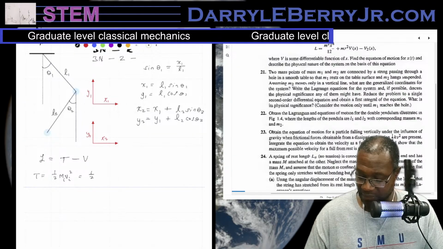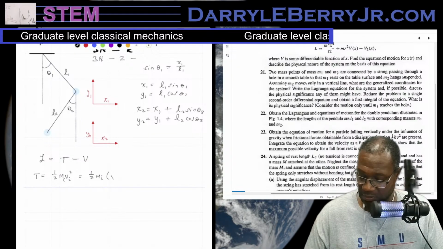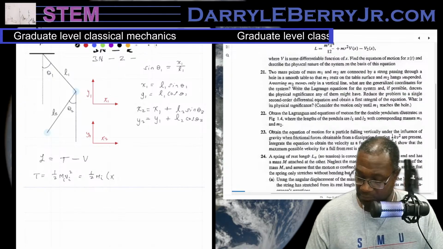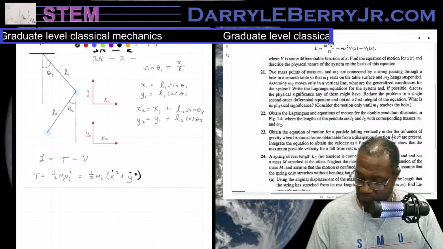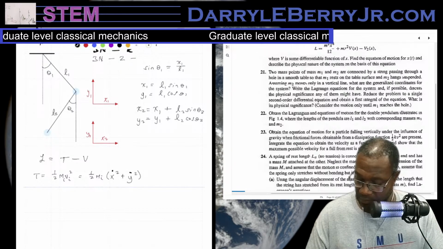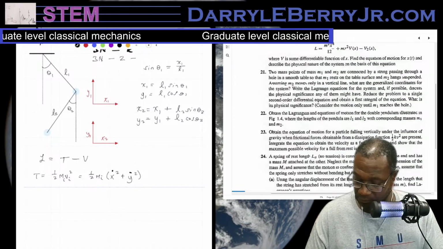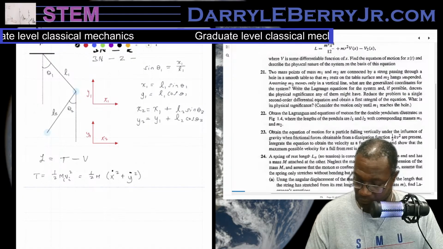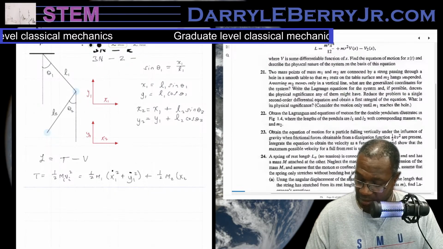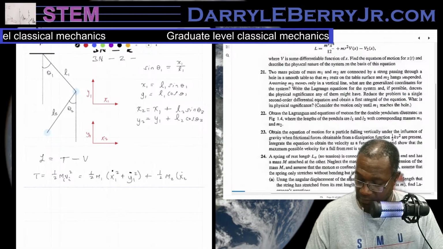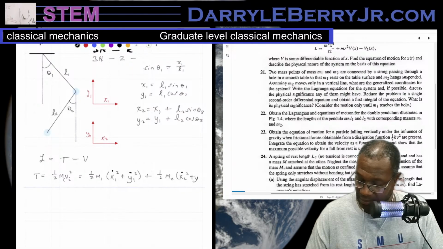So it's going to be 1/2 m1 times x1 dot squared plus y1 dot squared, plus 1/2 m2 times x2 dot squared plus y2 dot squared for 2.